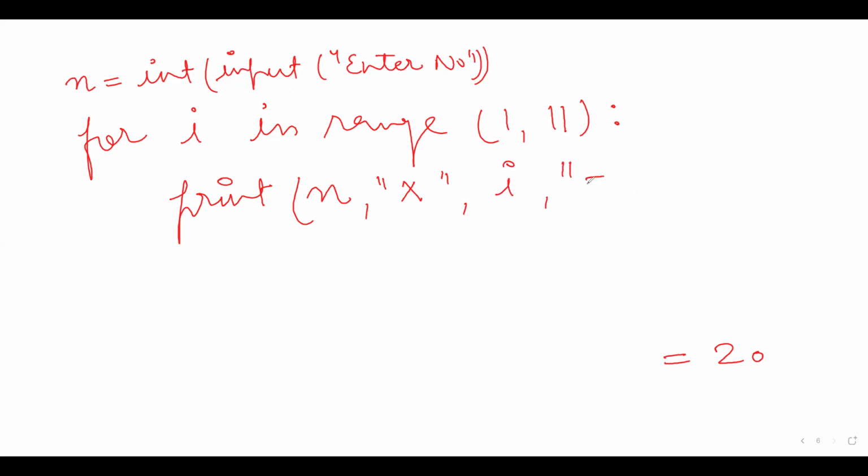Then I want to print the equals to sign. Again, it is a character, so I will give it inside inverted commas. Then the multiplication, n star i. Star is used for multiplication in Python. So this will give me the table of any number.